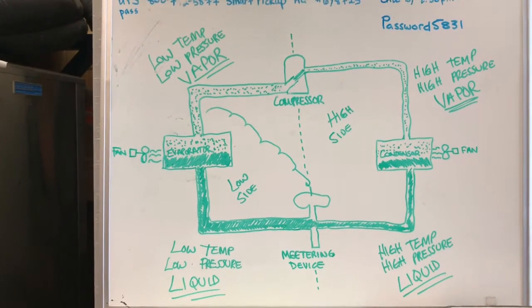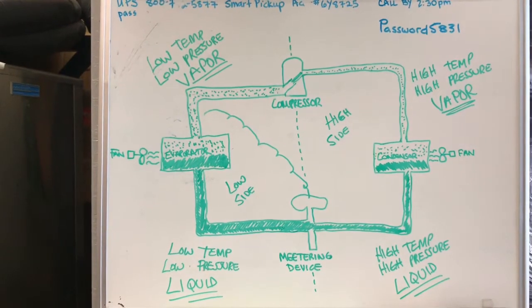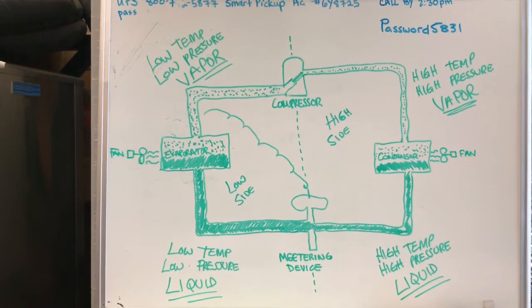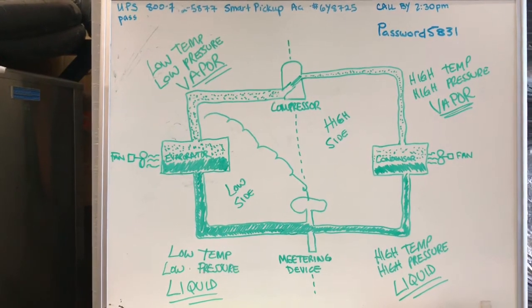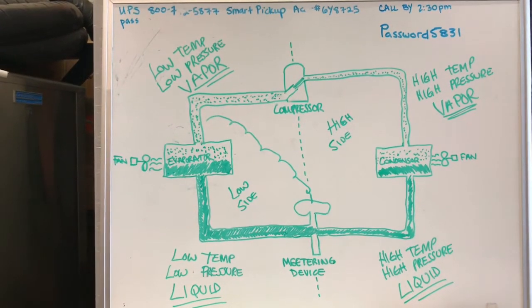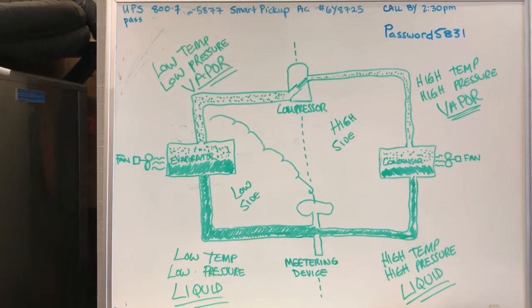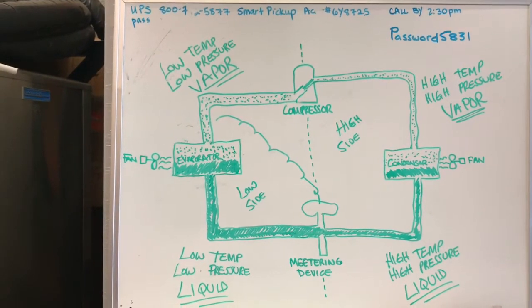and we blow air over that cold evaporator, and that air transfers its heat into the refrigerant while it's in the evaporator. So as that refrigerant picks up or absorbs that heat, it turns from liquid back to a vapor.